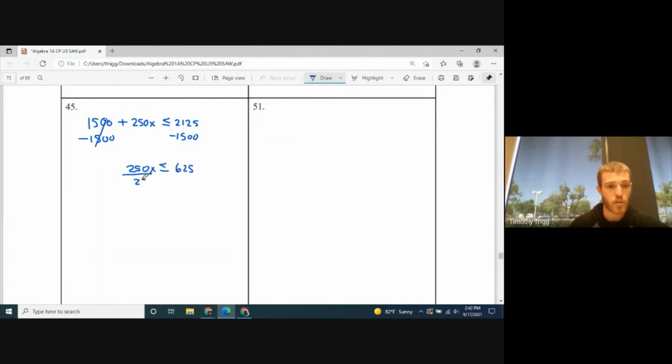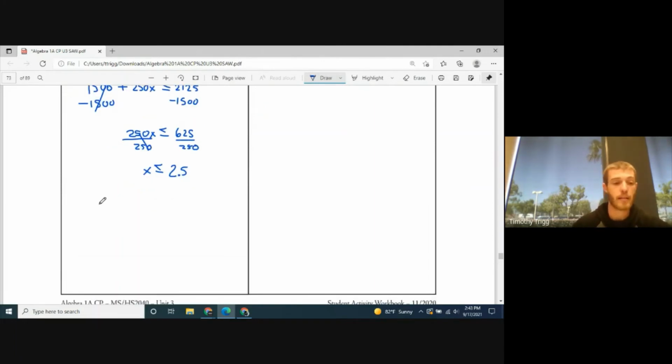Divide both sides by 250. X is less than or equal to 2.5. Okay, so remember they originally got 3 hours already, and so they can have at most another 2.5. So we would say that 5.5 is the total amount of time. So 5.5 hours is the total amount of time that they can rent the ballroom.